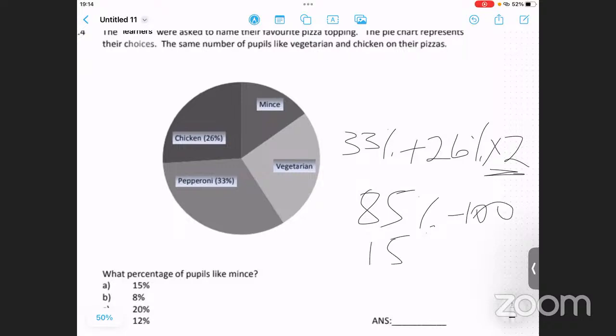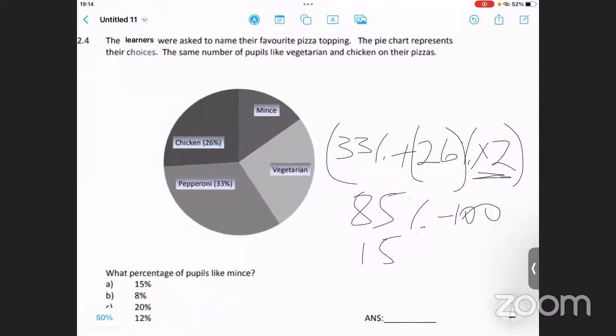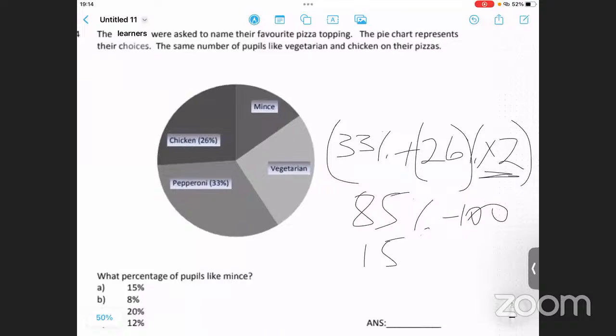It gave you 15. Yes, 15%. Oh, the 26 is multiplying this one. Okay, I get you. Because I thought maybe you're saying this whole thing, 33 and 26, when after adding them, you're going to multiply it by 2. That's why I was not understanding.